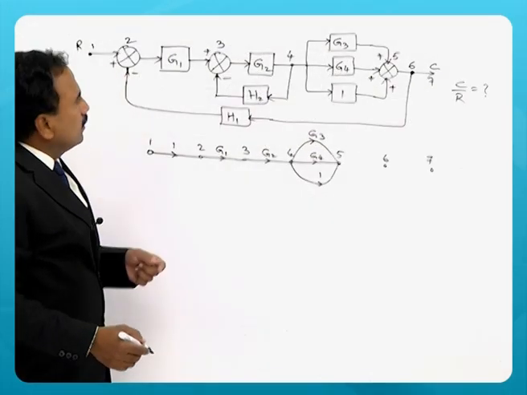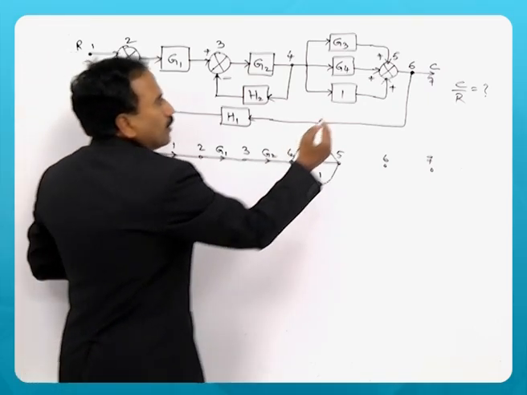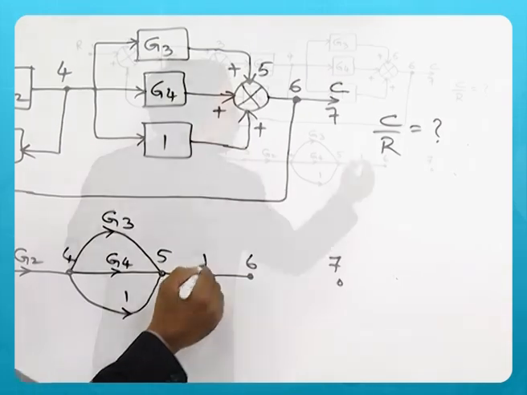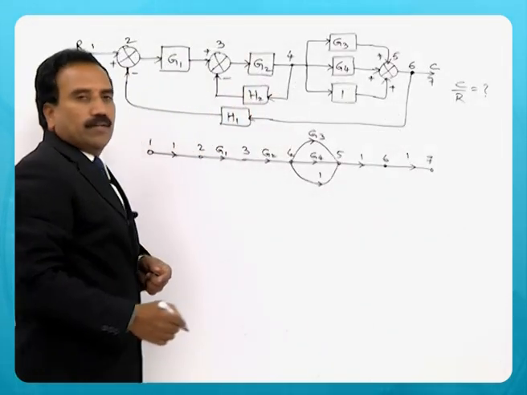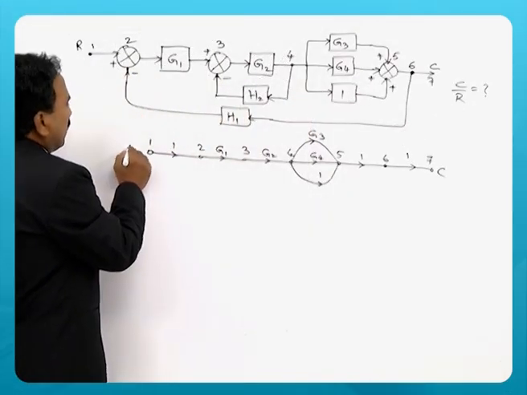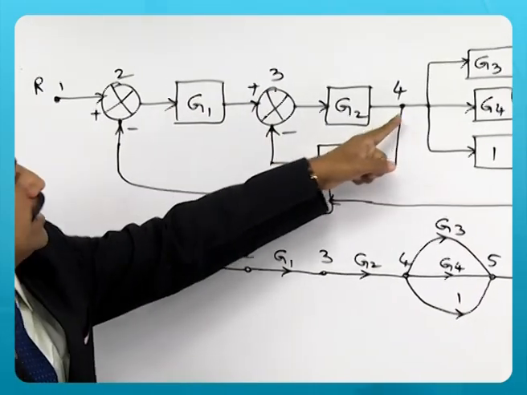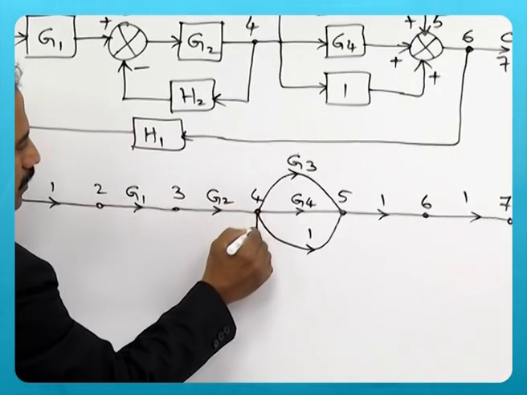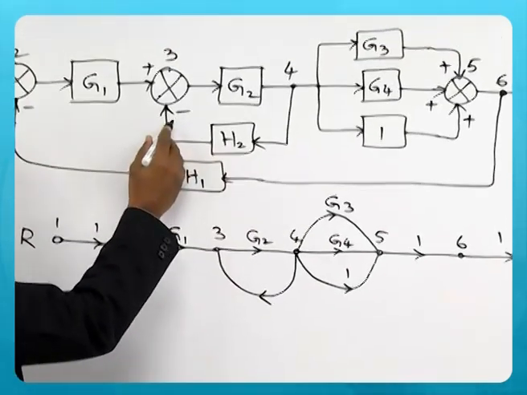So this way you need to draw the signal flow graph for the given block diagram. Between 5 and 6 there is no block, so represent its gain as 1. Between 6 and 7 it is again 1. So this is C output node, this is R input node. See the feedback elements also connecting from 4 to 3 with gain H2 multiplied by minus here.